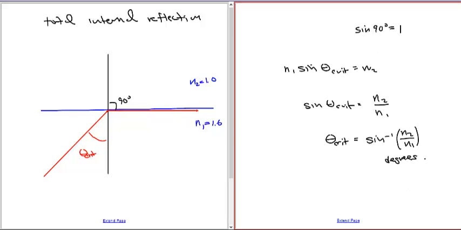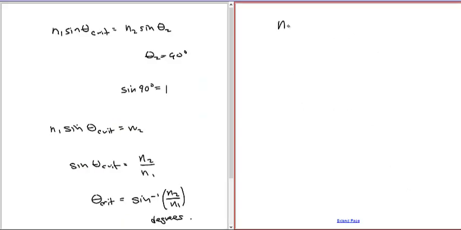So let's just look at an example here. Let's say N1 is 1.9 and N2 is 1. What is theta critical? Well, theta critical is the inverse sine of N2, which is 1, divided by N1, which is 1.9.